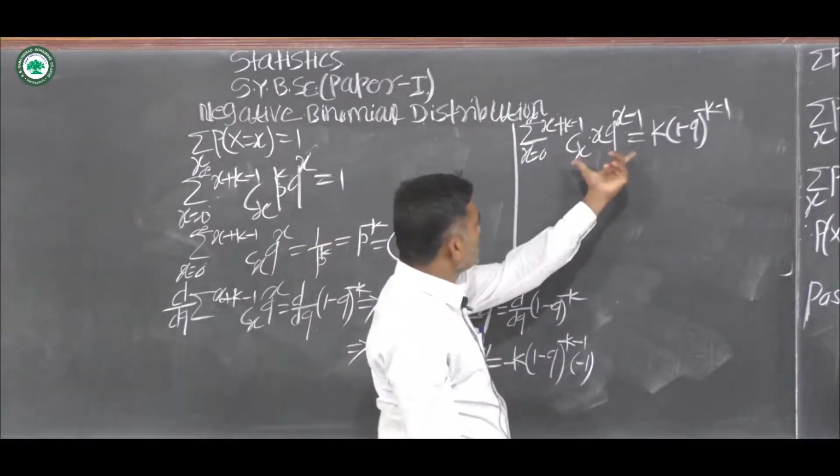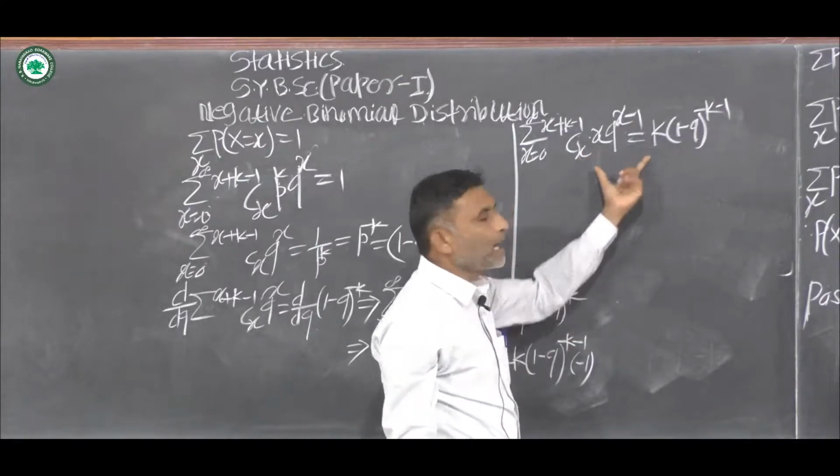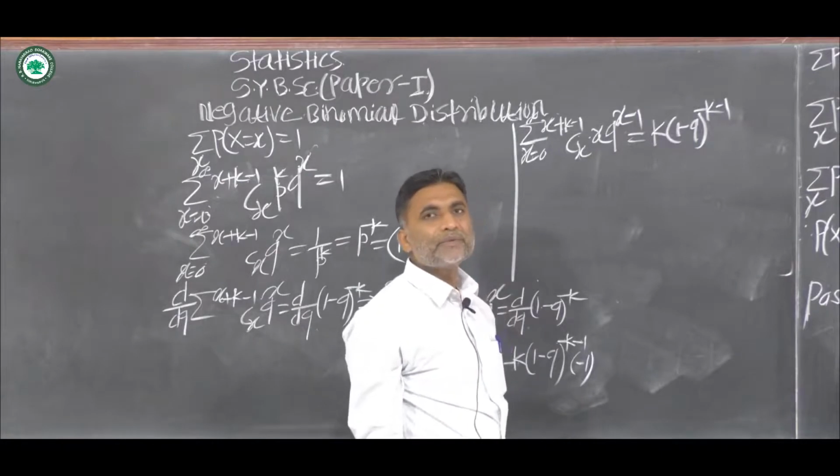Now we multiply both sides of this equation by p raised to k into q.